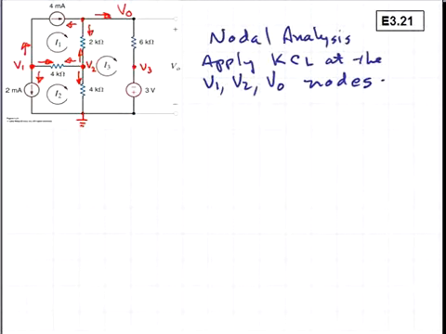So we'll begin the nodal analysis approach by applying Kirchhoff's current law expressions at the V1, V2, and V sub O nodes. We've indicated at each of those nodes the assumed positive direction for current to apply to those KCL expressions.